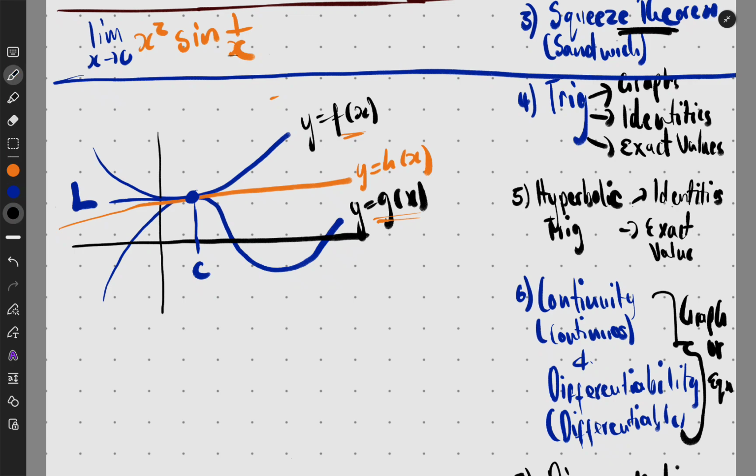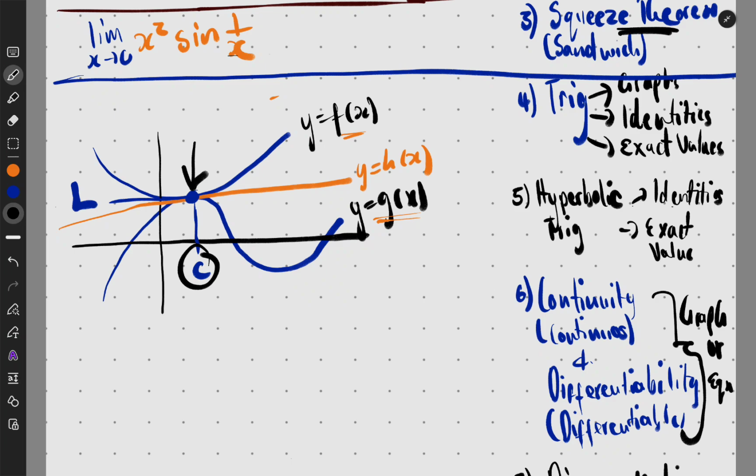We are saying that we can't find the limit of this middle guy, h of x, directly, right? But what we can do is look for the point. We are trying to find the limit as x goes towards c, right? If c is a special point like this one, where this graph of g of x was always below all the graphs, this graph of f of x was always above all of them, and h of x is always in the middle.